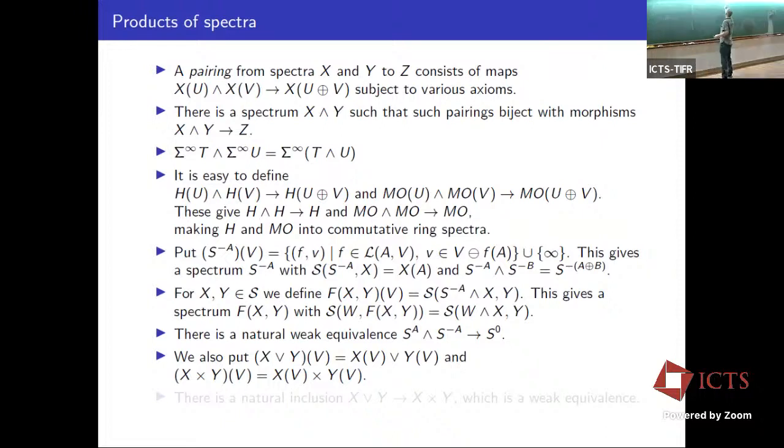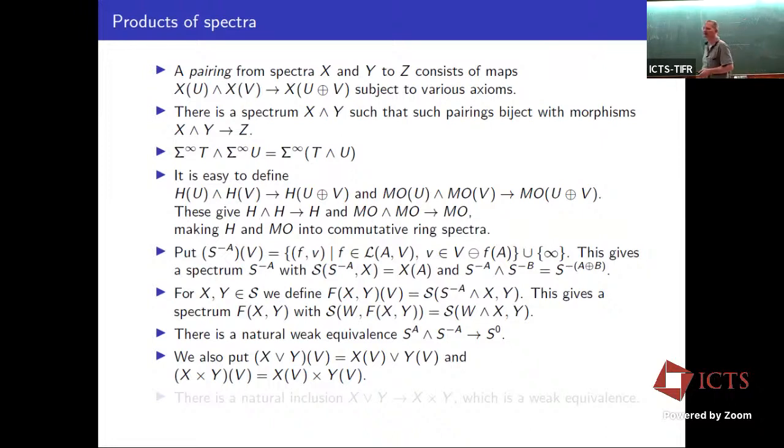Incidentally, for spaces, X smash Y is defined just as a quotient of X cross Y. And for spectra, there is no natural map.